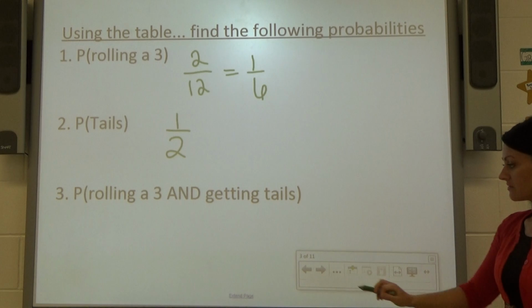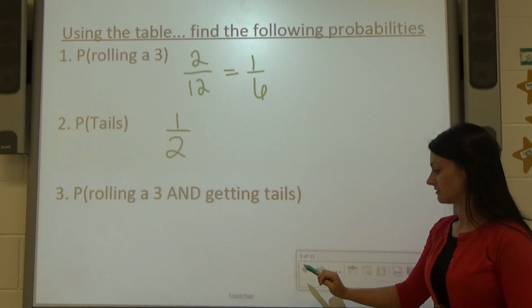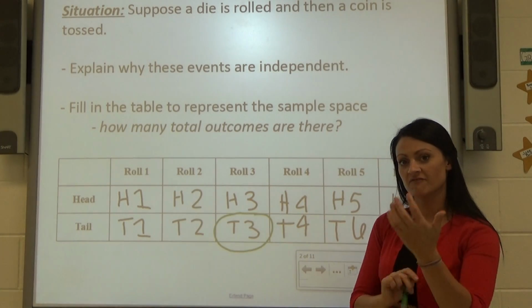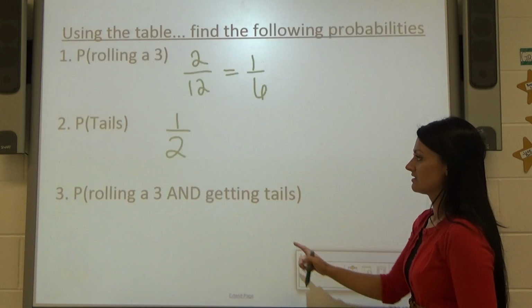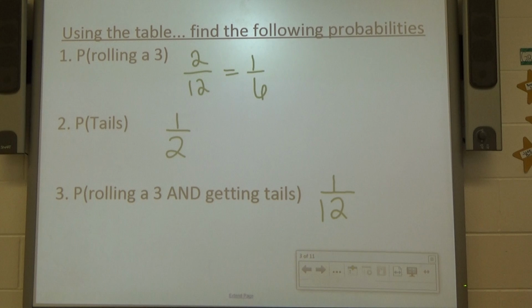Question 3, though, is asking us about getting a 3 and a tails, and there is only one spot where we have both things happening. So this would be 1 out of 12. If you look at part 1 and part 2, you should be able to quickly determine how I could use the probability of rolling a 3 and the probability of getting a tail to figure out the probability of getting a 3 and a tail.